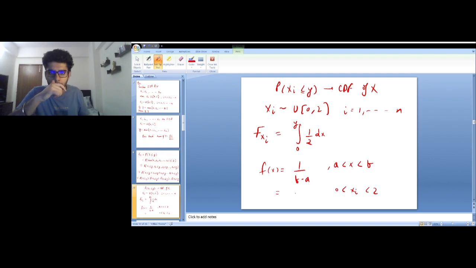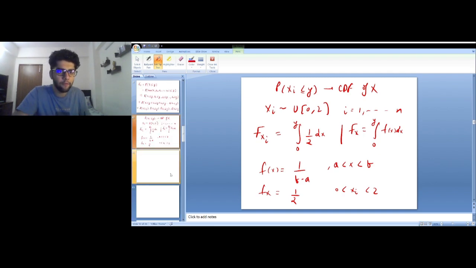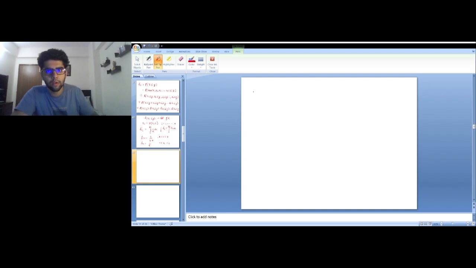The formula for calculating a CDF is to integrate the PDF over the limits for which we are trying to find the CDF.